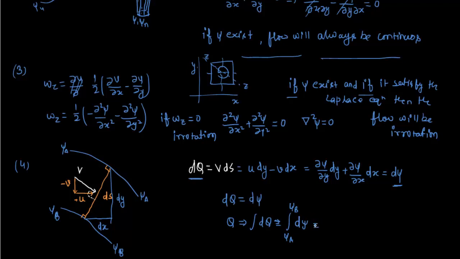By this integration we get psi b minus psi a. It means if you want to calculate the discharge between two streamlines, it is directly equal to the difference between the stream functions of those two streamlines. This is our fourth conclusion: discharge between two streamlines is simply the difference between the stream functions of those two streamlines.